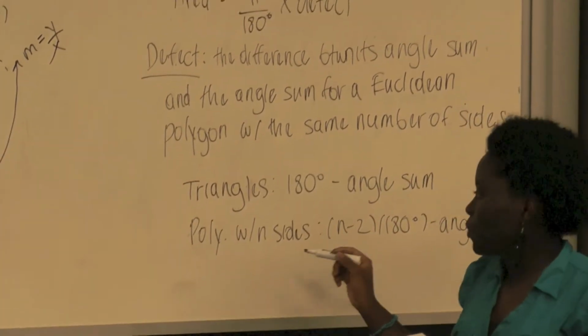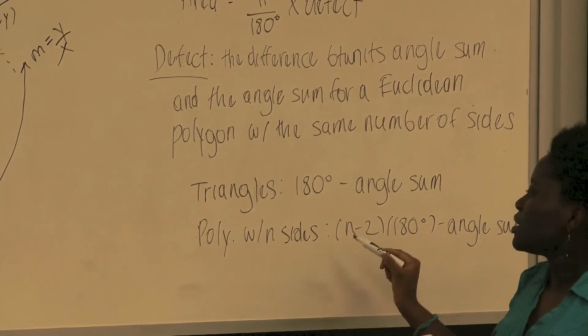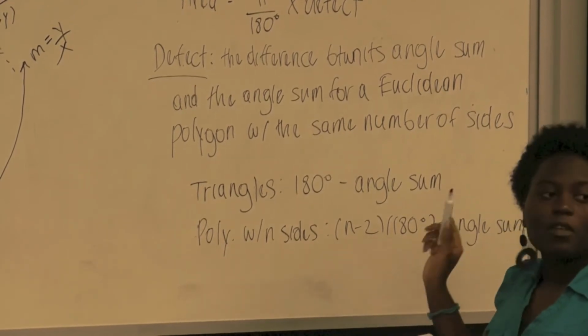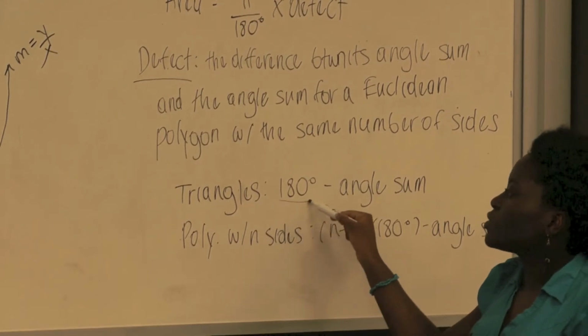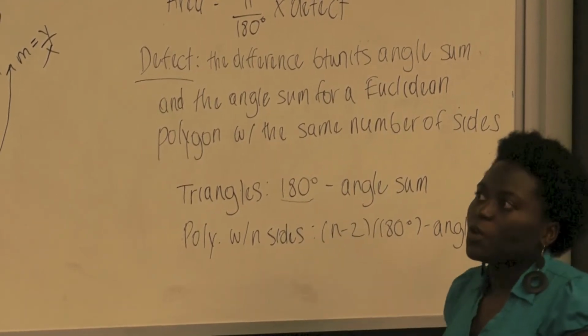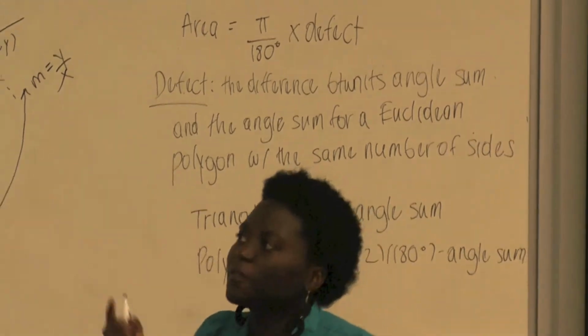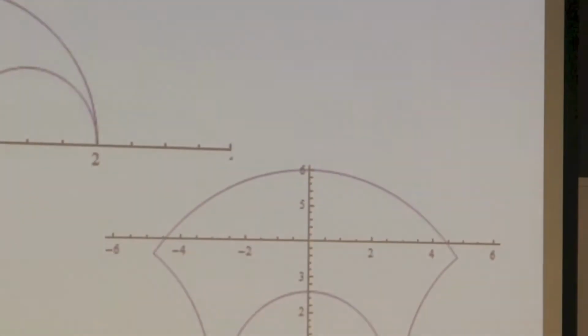So you probably recognize from Euclidean geometry that this is the sum of the angles of the polygon with n sides, and of course this is the sum of the angles of the Euclidean triangle. Right, so going back to that, the first one is actually called an ideal triangle, right?